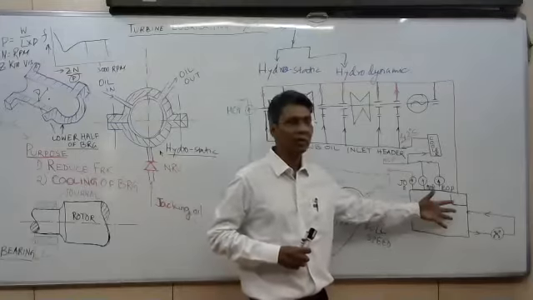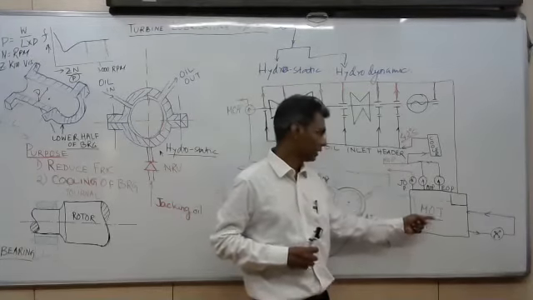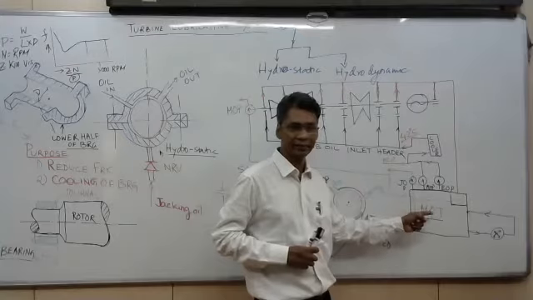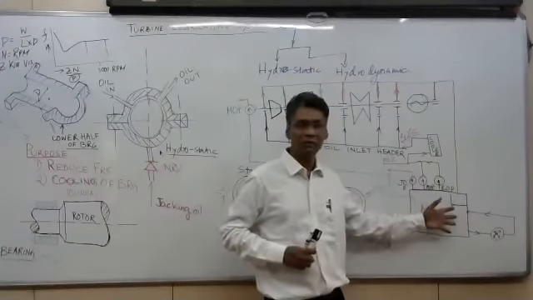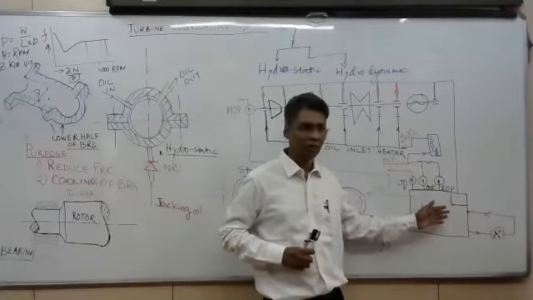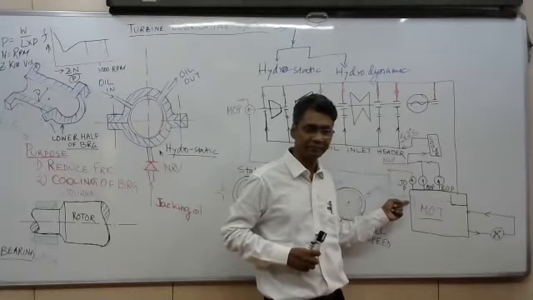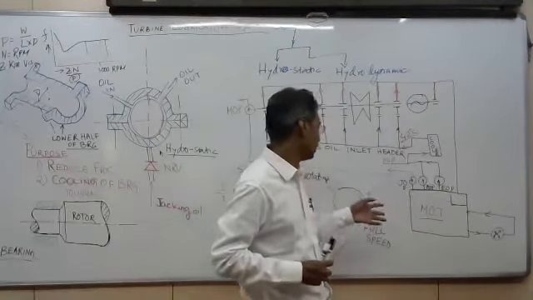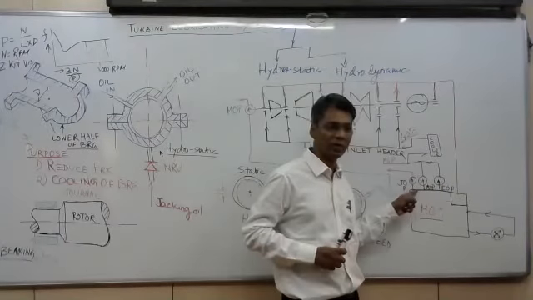So one main oil tank is provided, that is MOT, called the main oil tank. The main oil tank is filled with more than 1,000 liters of oil, with a certain level maintained. On top of the tank a few centrifugal pumps are mounted.